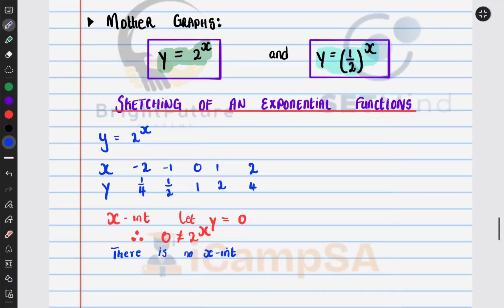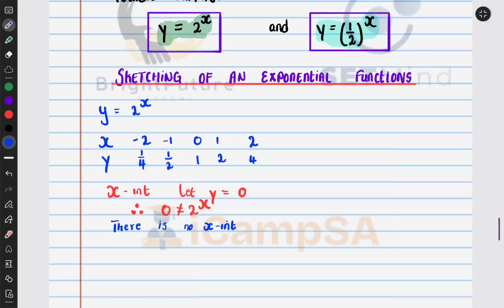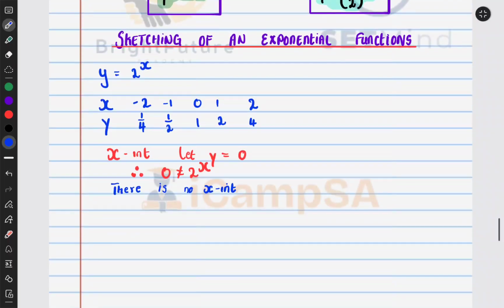Remember I said that for these exponential functions we're going to have one asymptote, which is a horizontal asymptote, and we'll find it where y is equal to 0.